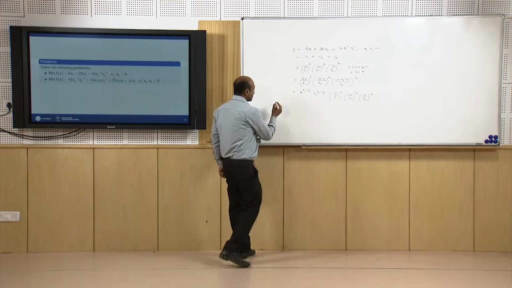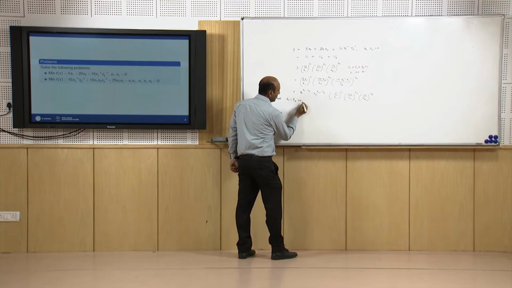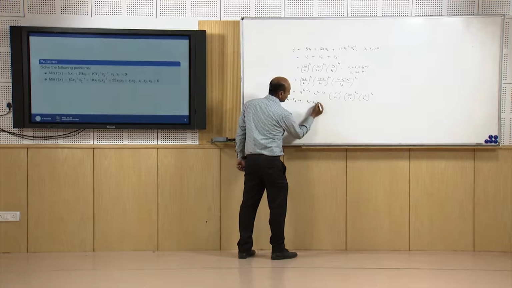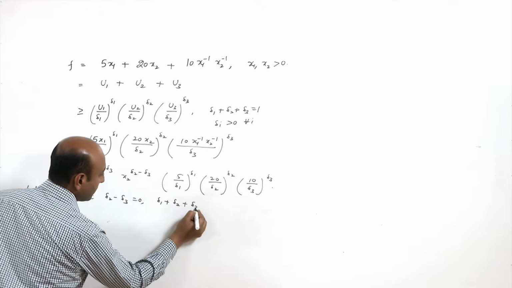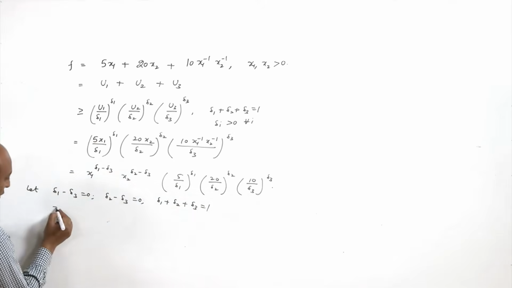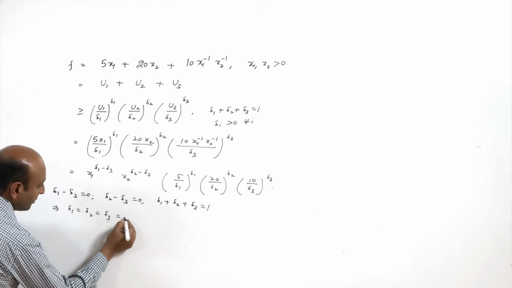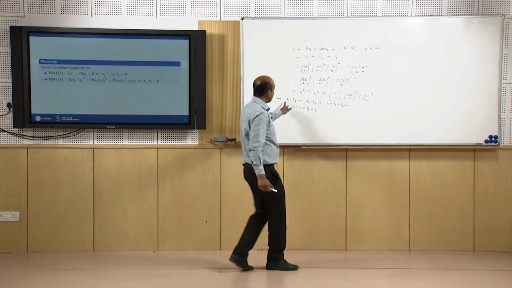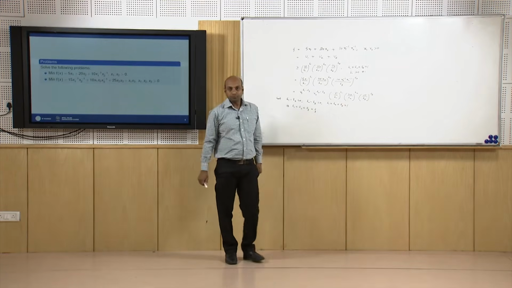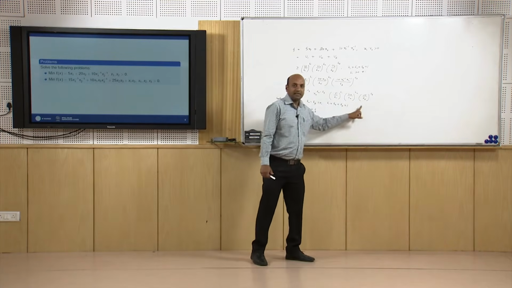So, we suppose delta 1 minus delta 3 equals 0 and delta 2 minus delta 3 equals 0, and also the sum of deltas is 1. From here we obtain delta 1 equals delta 2 equals delta 3 equals 1 by 3. We have a unique solution because we have 3 equations with 3 unknowns. So, we have a fixed value on the right hand side.